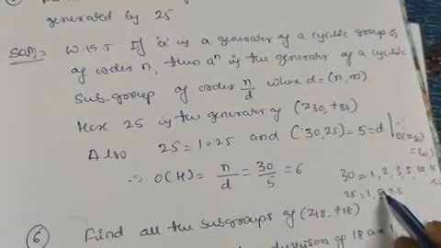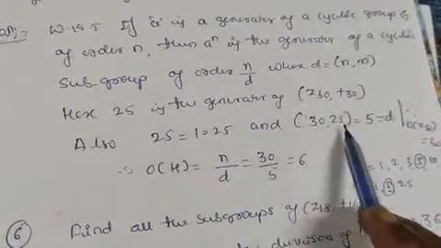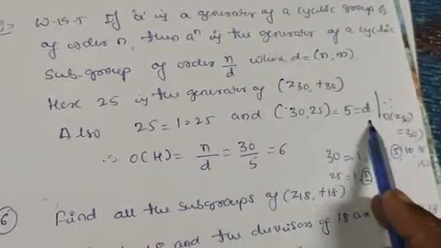The common divisors are 1 and 5, and 5 is the greatest one. So therefore the GCD of 30 and 25 is 5. Take this as d.